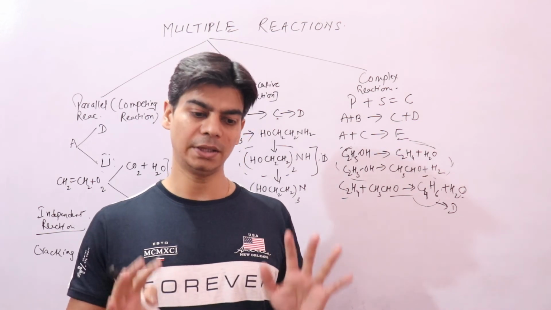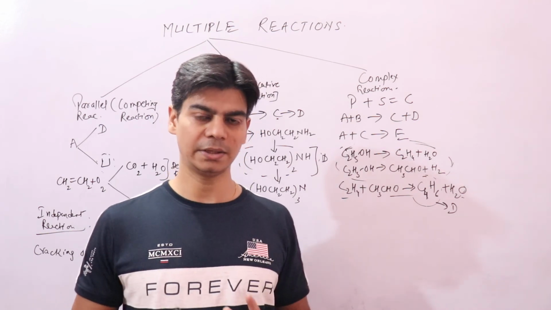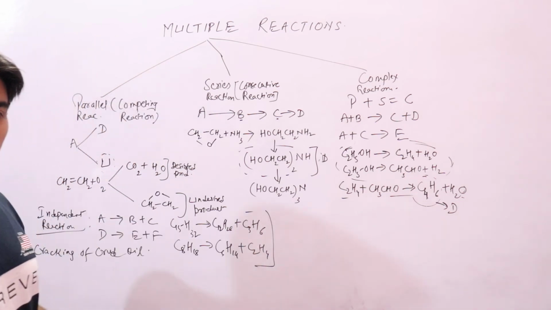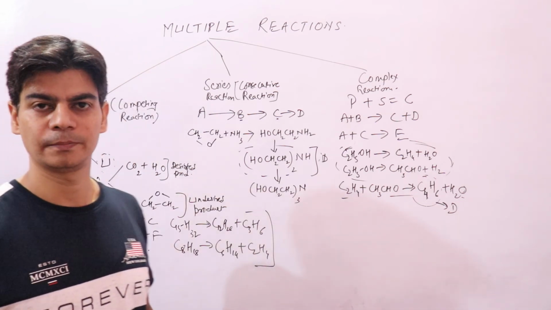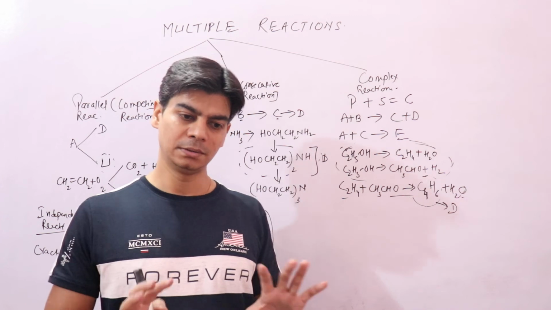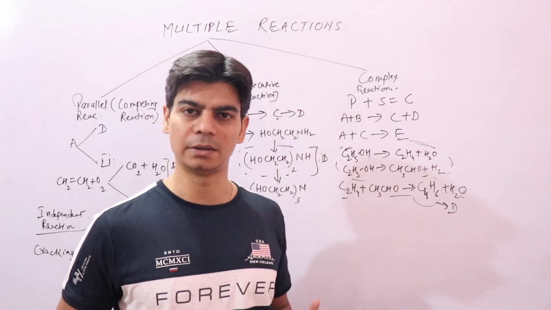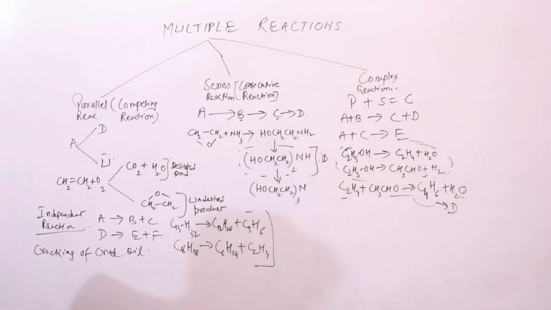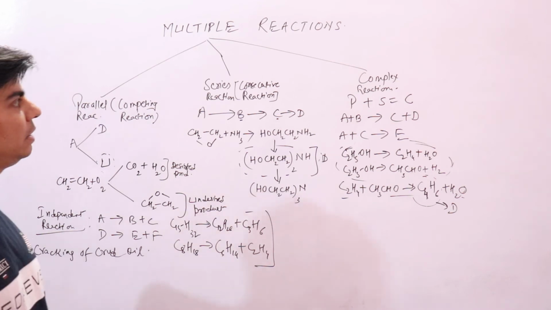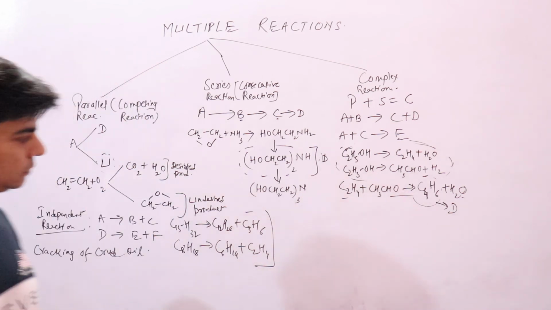And the aim of the chemical engineer is to minimize the formation of undesired product by adjusting the reaction conditions and the design of the chemical reactor. This is the main aim of the chemical engineer, and this is what we will be studying in this chapter.